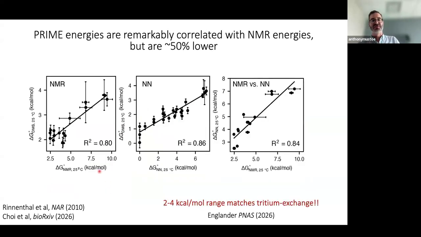What's really exciting is if we correlate these measurements with independent NMR measurements of base pairing stability, we see really strong correlation, so R squared above 0.8. So this is really consistent with these energies that we're measuring from a chemical probing experiment reflecting the true physical energy of that base pair opening.